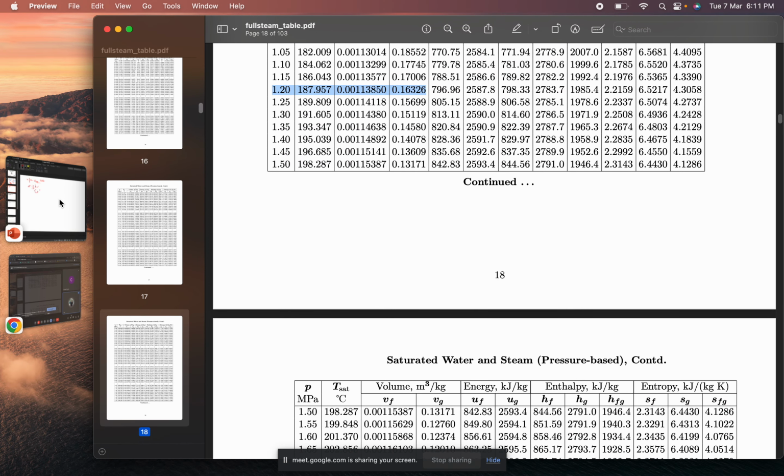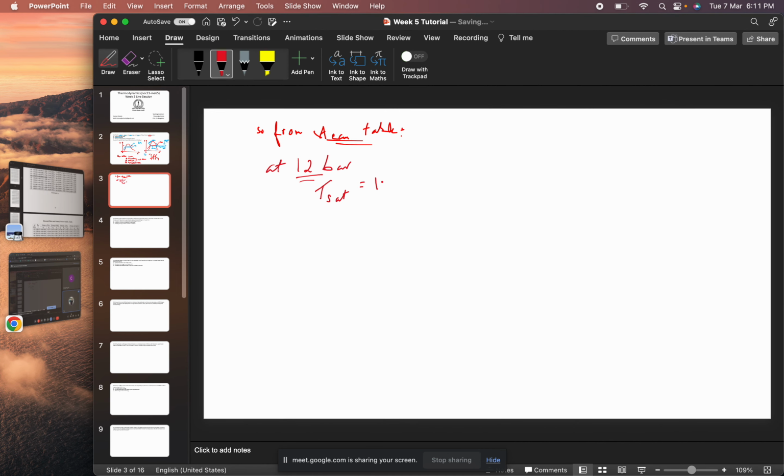This is the first sum, so I'm doing it a bit slower. After that I will pace it up. T saturation is 187.95 degrees Celsius.